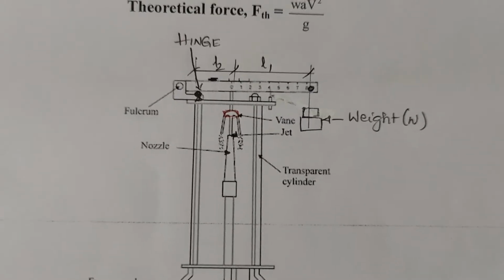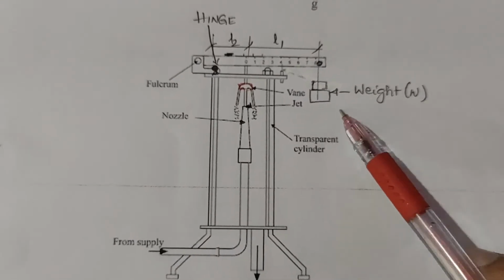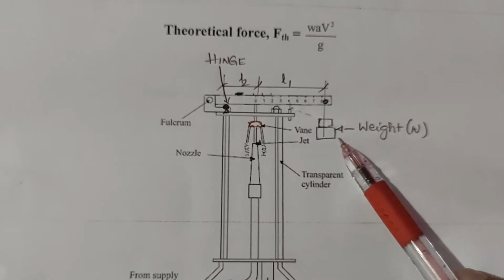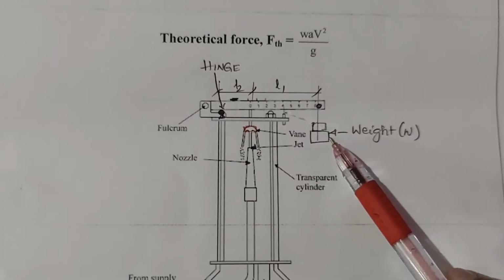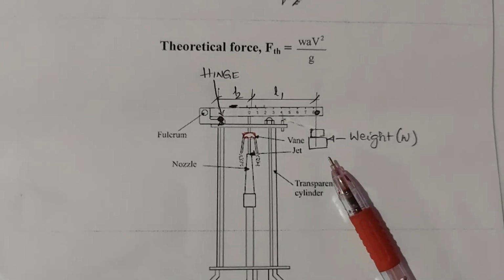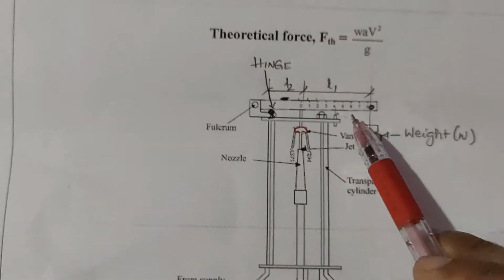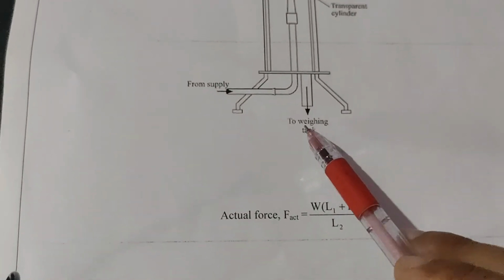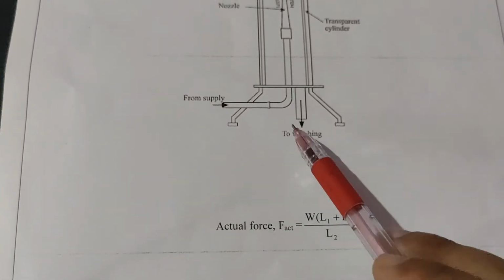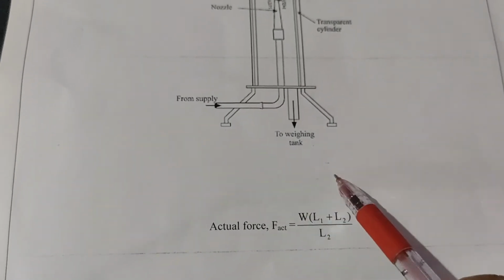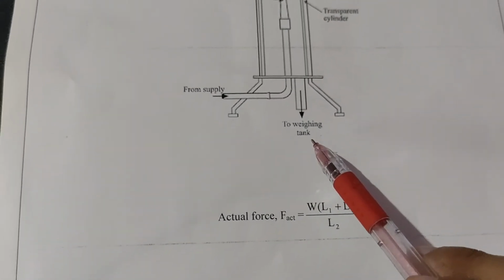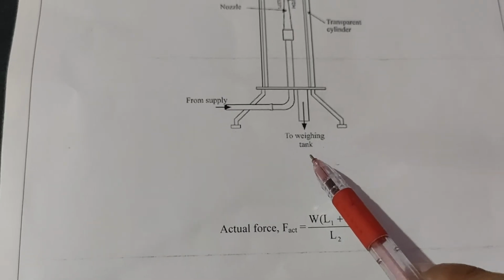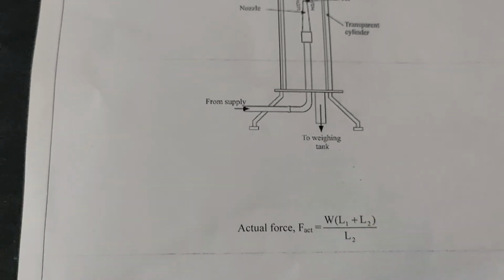To begin with, we have to add some amount of weight to the hanger and note down how much weight you have added and hence balance the lever arm. For the same flow, collect some amount of water in the measuring tank for the known height h and hence determine Q actual.